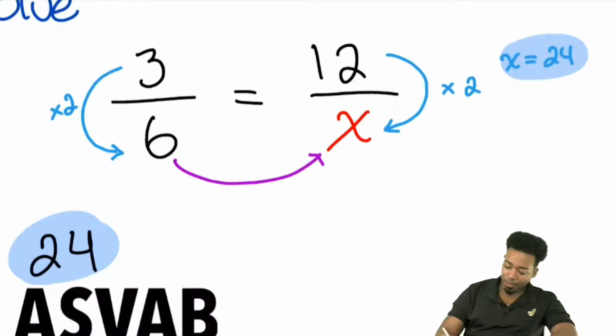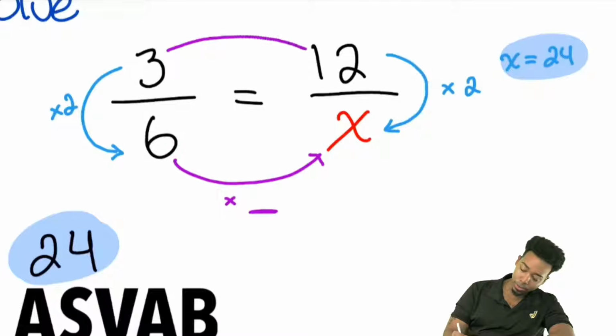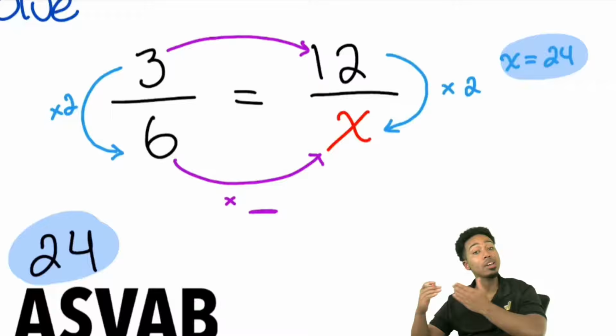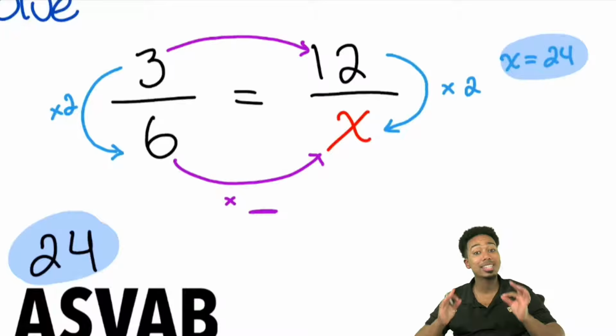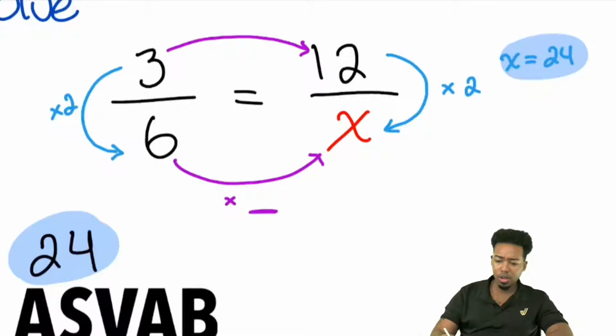But if I'm going left to right, that means I can go left to right up top as well. I can figure out what the number is that I'm supposed to multiply by looking at the comparison left to right. If I compare the same way from left to right on bottom and left to right on top, it's compared the same way. So everyone, quick question. How do I go from 3 to 12?